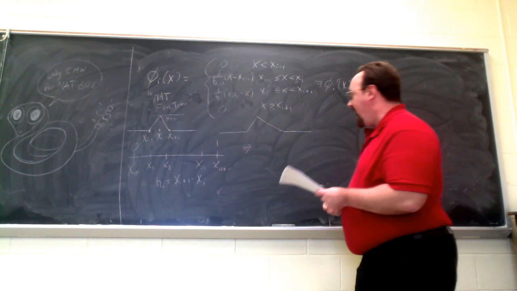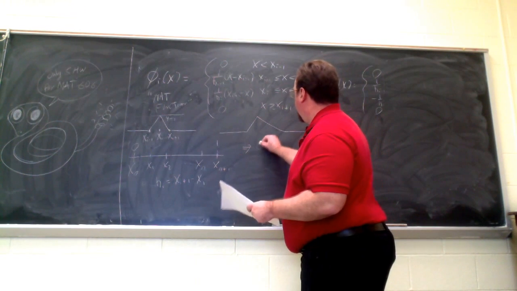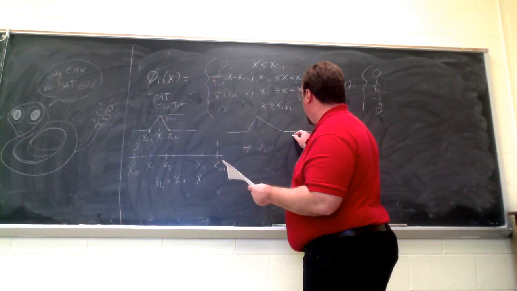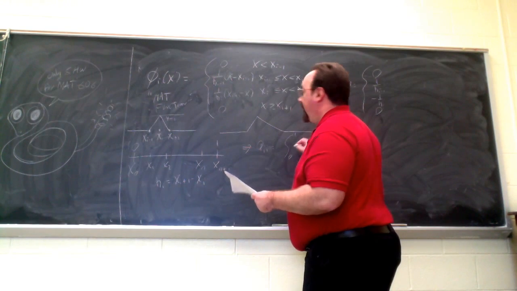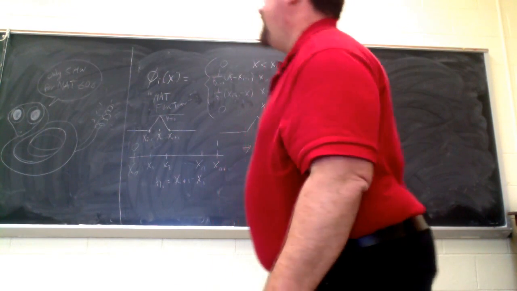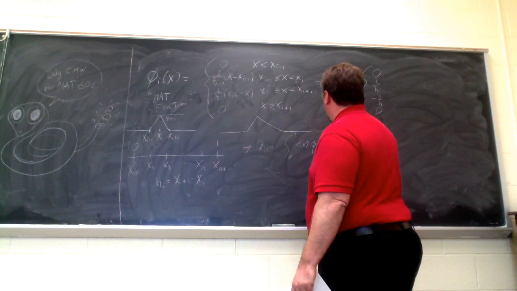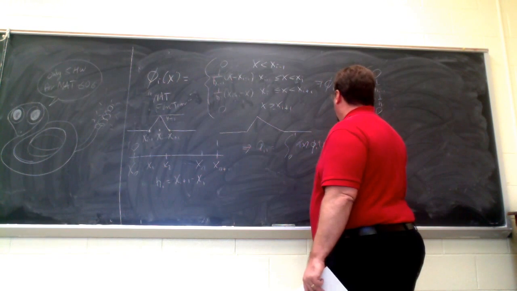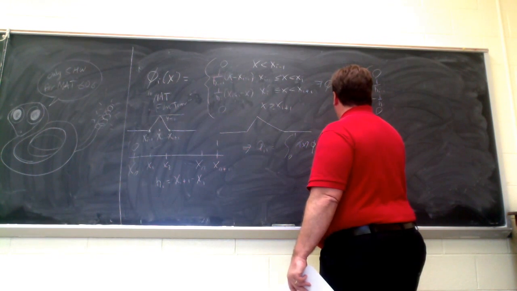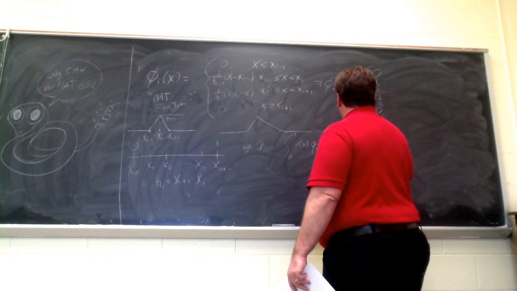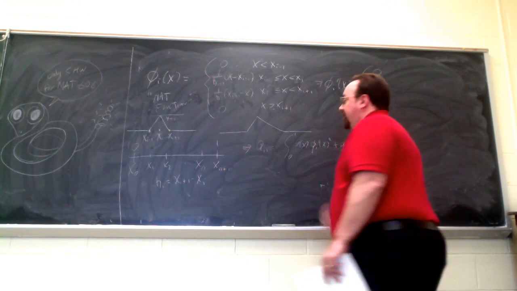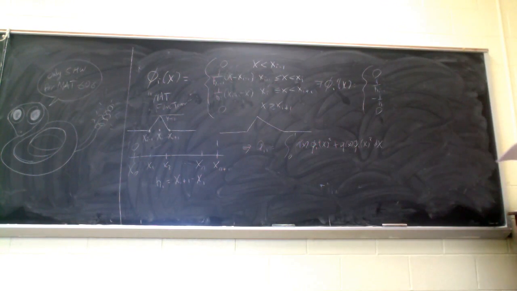So for instance, the diagonal entries of your matrix, the way they're defined, are the integral from 0 to 1 of p of x, phi prime squared, plus q of x, phi squared, dx. So that's the exact definition.